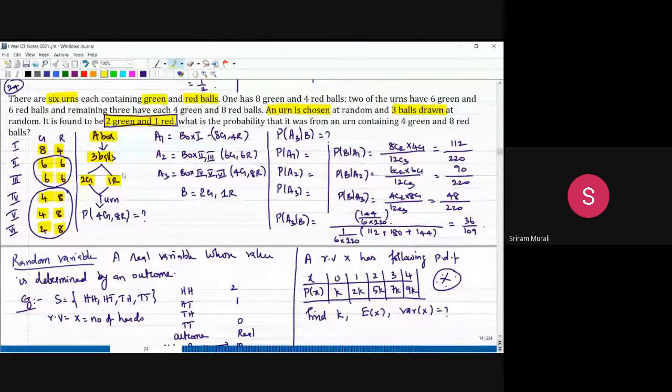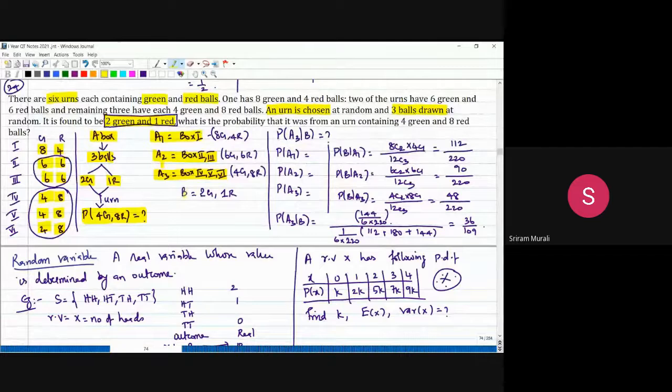What is the chance that it is from a box containing 4 red and 8 green? So I take the first box completely as A1. A2 is your box 2 and box 3. A3 is your box 4, box 5, box 6. Because it is given in such a way.